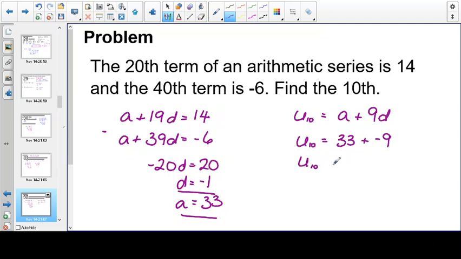So U10 is going to be 24, and that's the 10th term. Okay, so use the information that you've been given to form an equation for A and D, and then use that information to work out the 10th term.